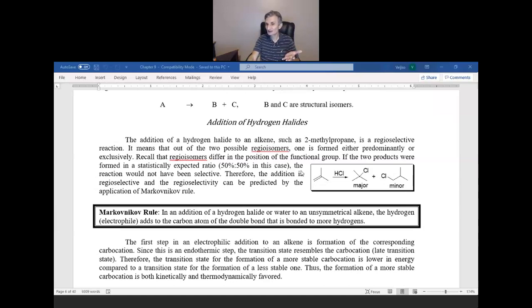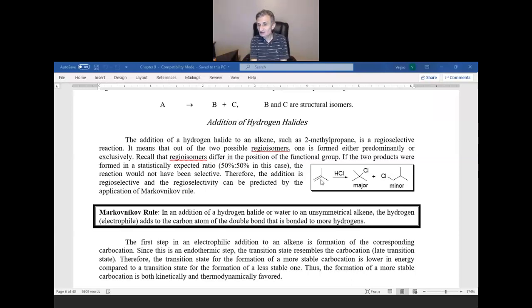If hydrogen ends up on carbon 1, chlorine must add to carbon 2. If hydrogen adds to carbon 2, chlorine must add to carbon 1. So it's the first step that determines what the product is going to be. And so it's 50-50. If you get anything other than 50-50, the reaction is regioselective.